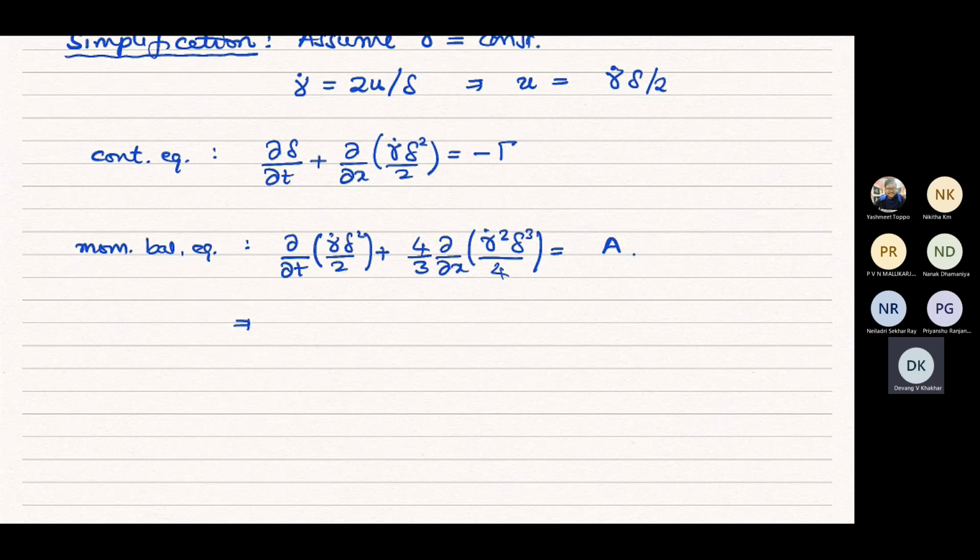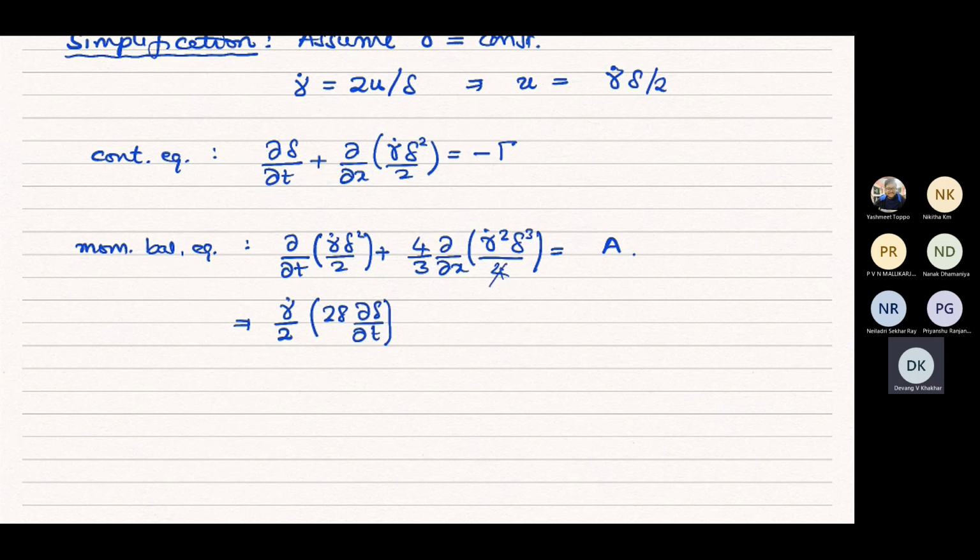gamma dot is a constant, so I can just pull it out of the brackets, and then when I take a derivative, I will get gamma dot by 2, and then I have to take del by del t of delta squared, so that gives me 2 delta into d delta by dt.